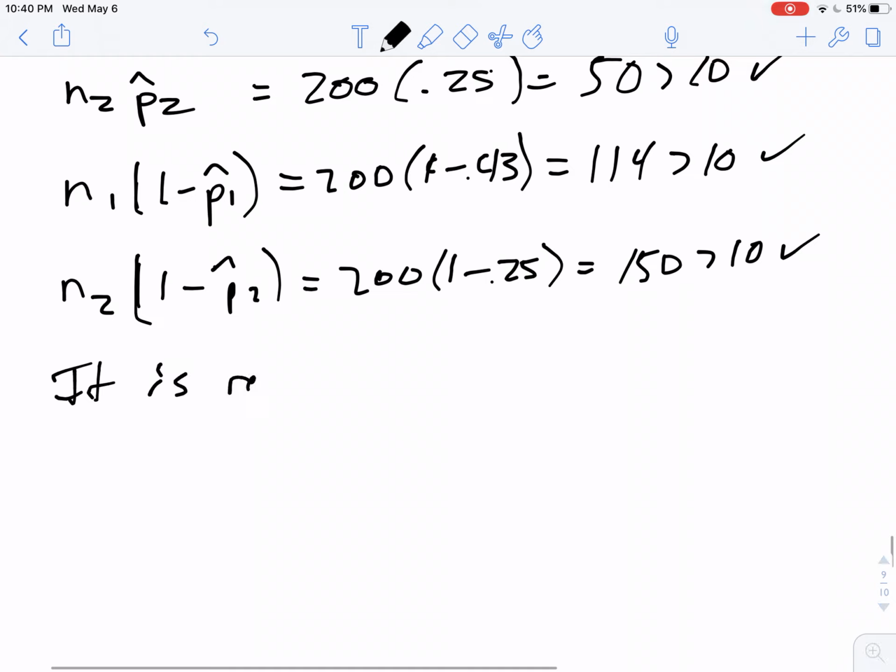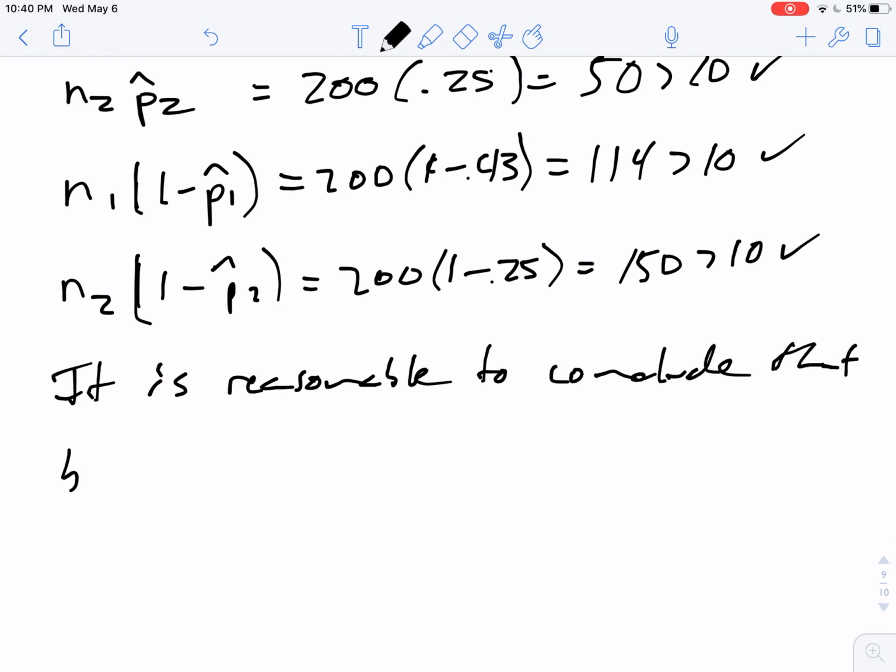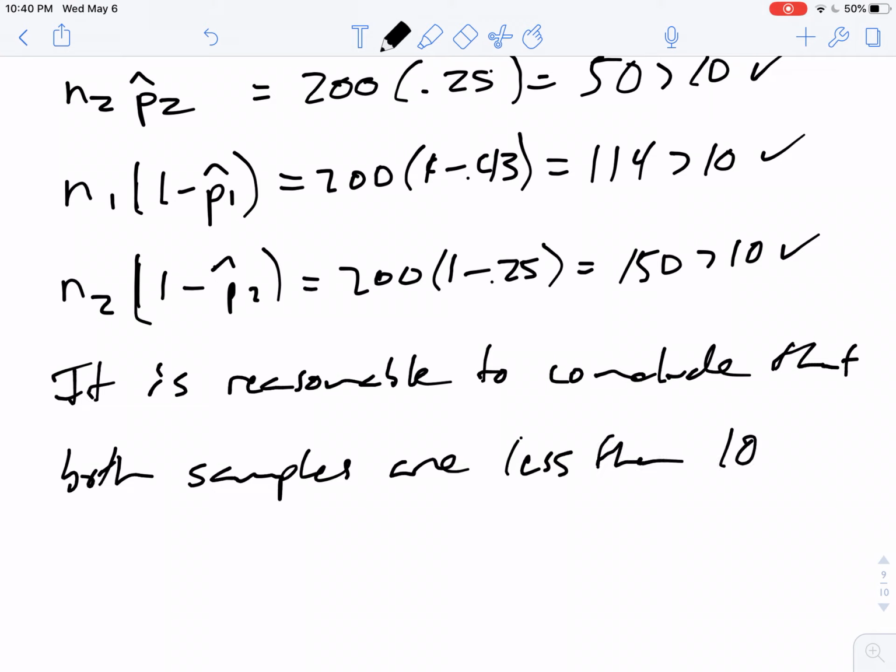So what we'll just write for that is it is reasonable to conclude that both samples are less than 10% of their populations.